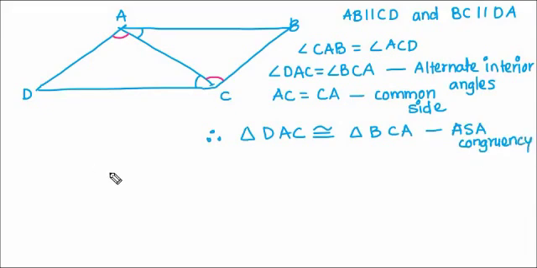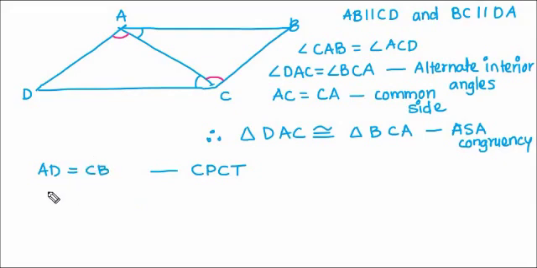And once we know that, because of this, AD is equal to CB. Why? CPCT, corresponding parts of congruent triangles. AD is same as BC. If you see here, we can see AD is same as CB.